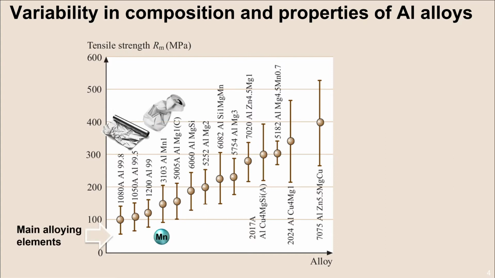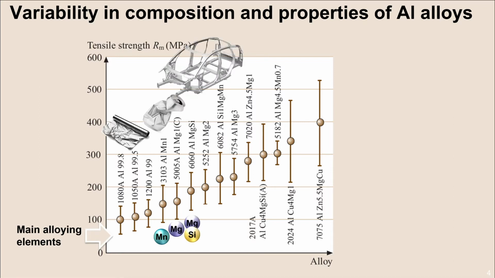And then we go up the ladder towards the 3000 series alloys that you all know from can packaging, but also from architecture, and go further to those alloys that become really relevant for automotive and sheet forming applications, namely 5000 and 6000 series alloys, which are mainly blended by magnesium and silicon.